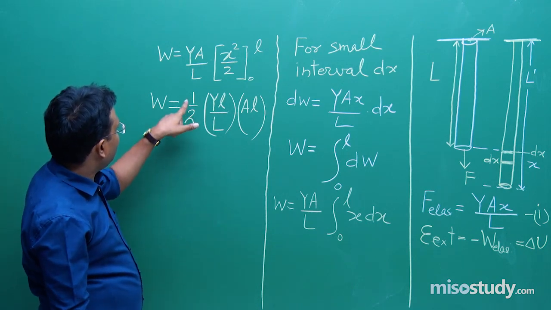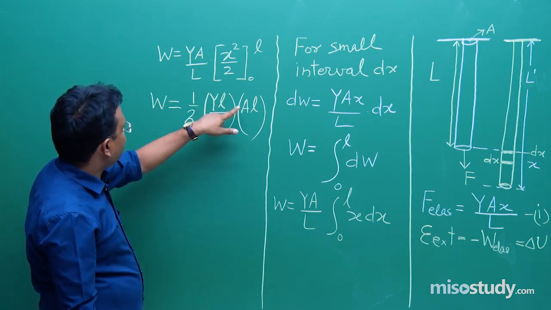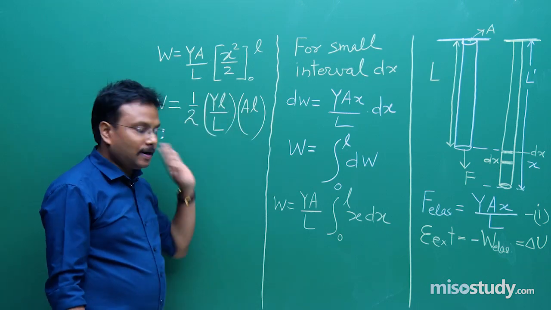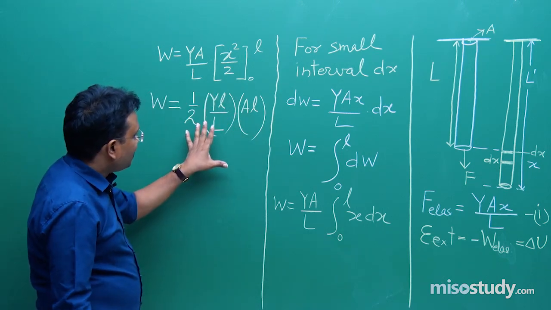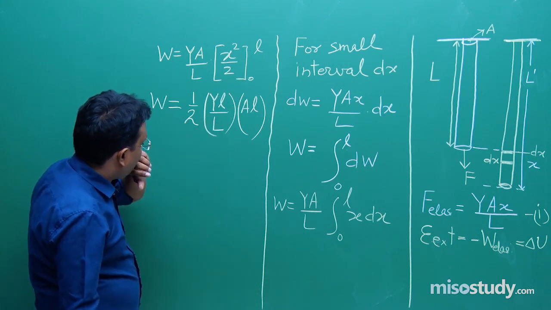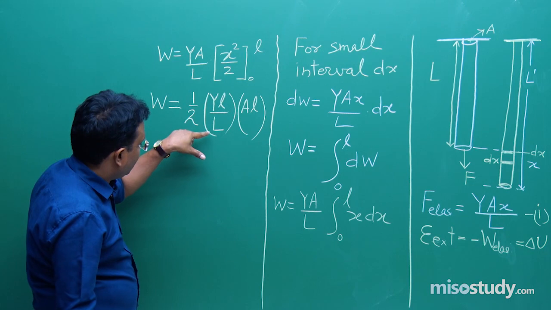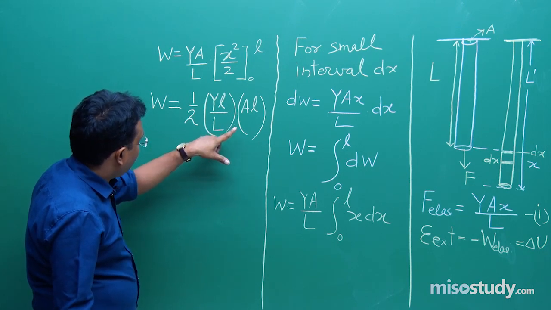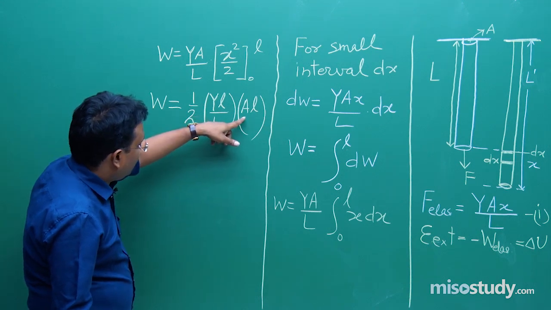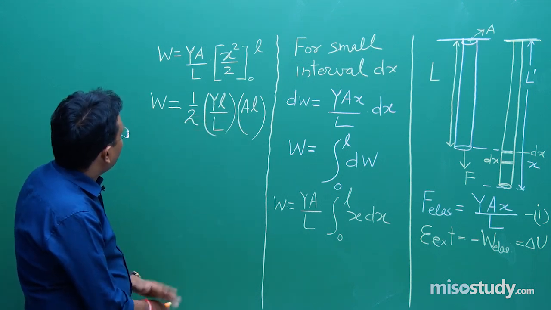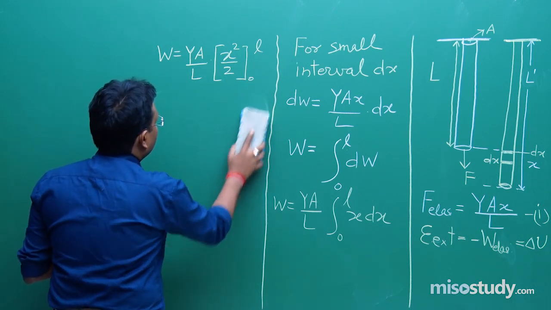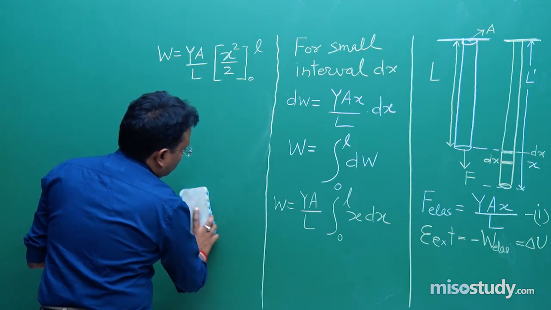I hope the terms are clear. Half Y A by L, A, yes, L square, fine. Now, there is a specific meaning of all these terms, Y L by L, yes, Y A and then A L, okay, one more A L, yes, there is a simple arrangement.